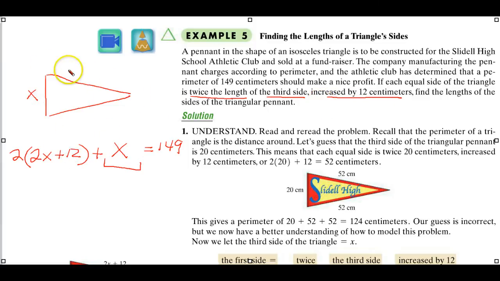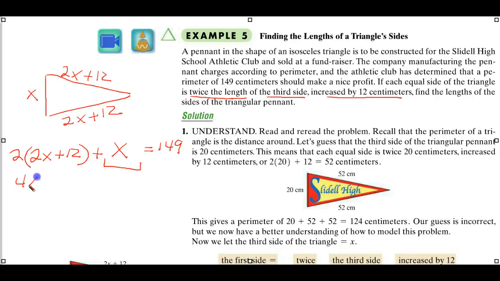So this third side is x, and then these sides, which are the same, are 2x plus 12. Now we've set it up using a diagram to help us, translating the information we have here onto the diagram, and there's our equation.